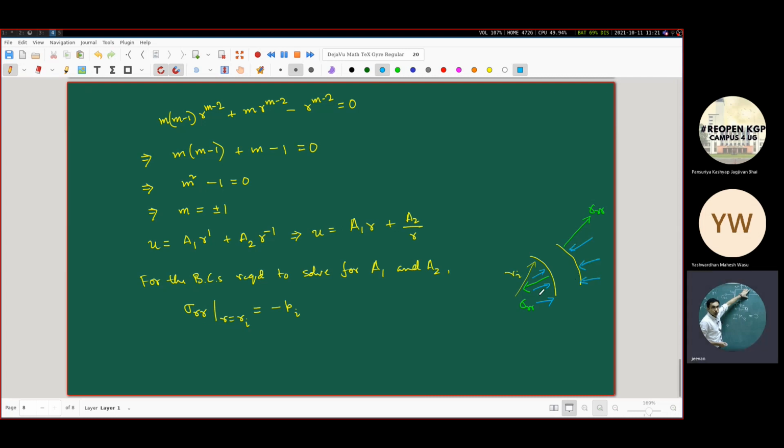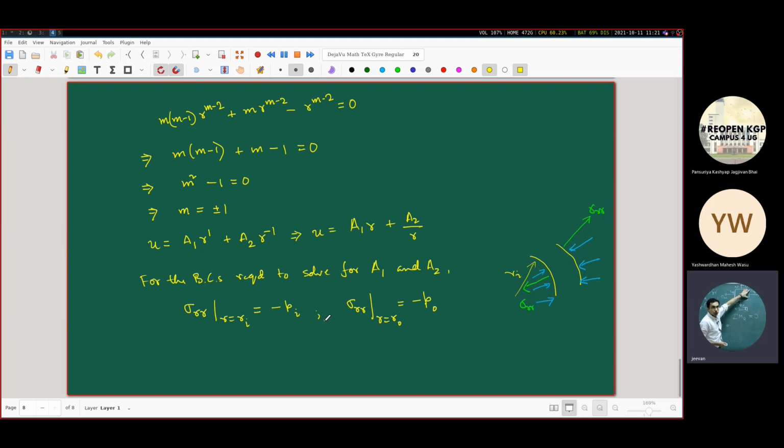So at the inner radius, the pressure is acting outwards, the sigma Rr is acting inwards. That is why sigma Rr at r equal to Ri is equal to minus Pi. Similarly, you have sigma Rr at the outer radius, that is also equal to minus Po. Po means P outer, Pi means P inner. These are the two conditions.